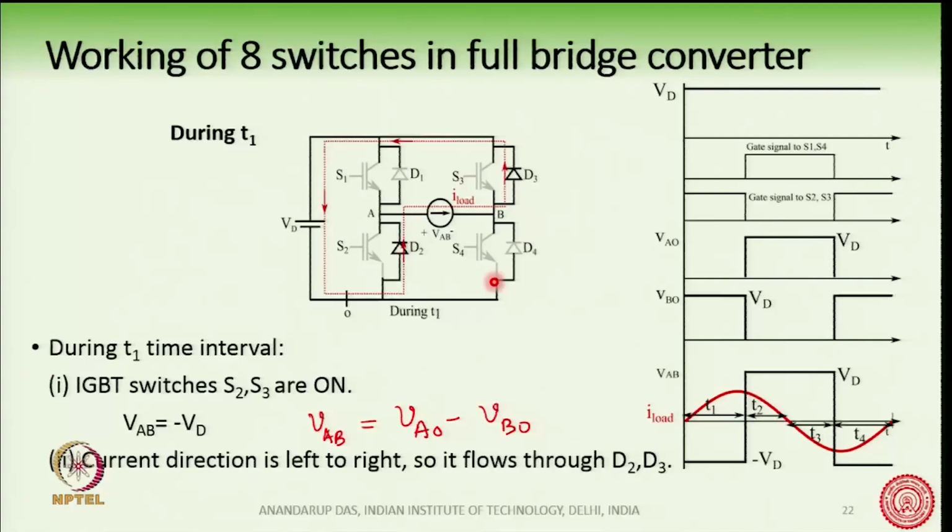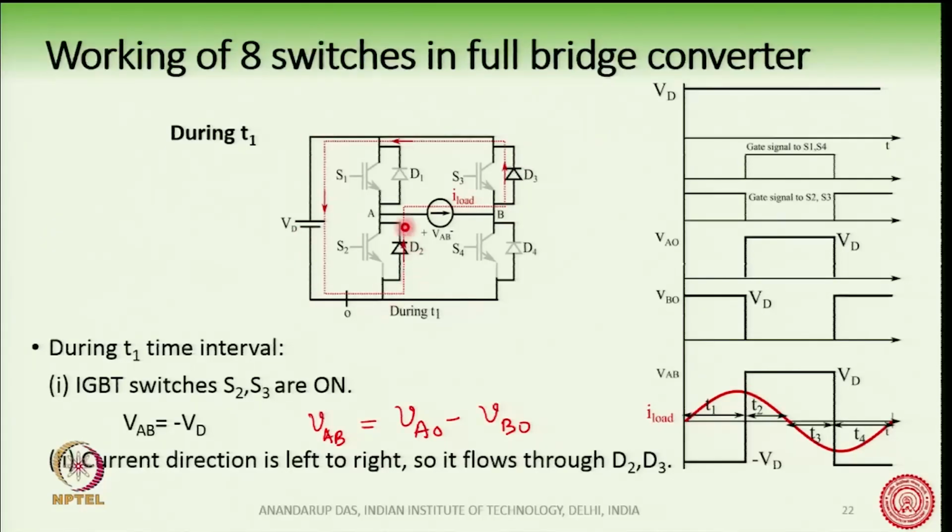Now, out of them, whether the diode is conducting or the IGBT is conducting can be understood from the direction of the current. Here the current direction is positive, which means the current is flowing like this. It must flow like what is shown by the dotted line here, through the diode D2 and through this diode D3 and then comes back.